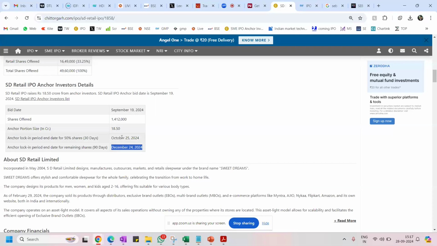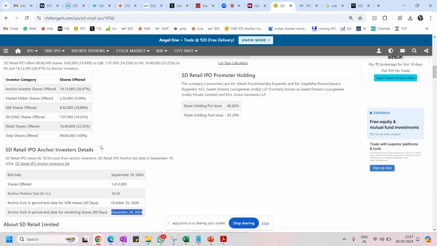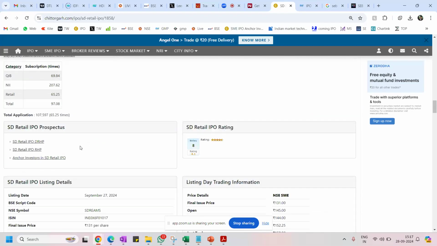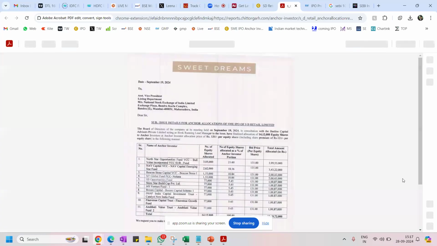These two dates are definitely important because if there is anchor selling during this period and it's not absorbed, we'll see the stock of the SME company going down. Let's see who were the anchor investors. So you click and look at the anchor book.